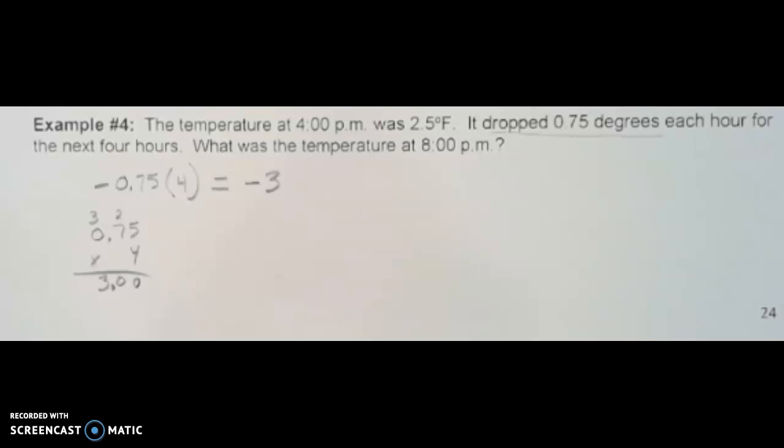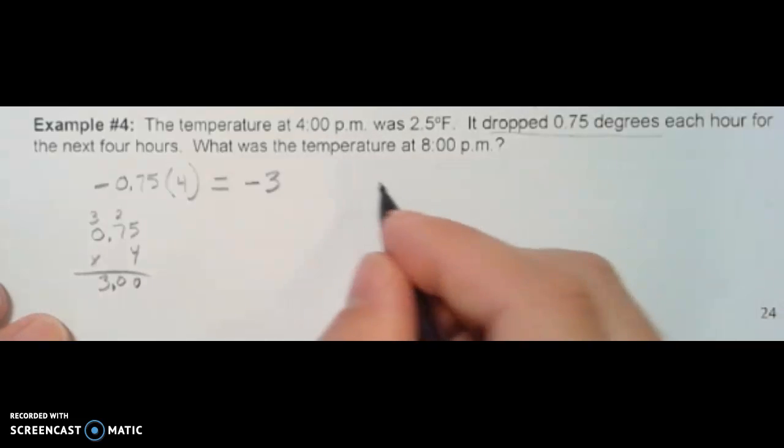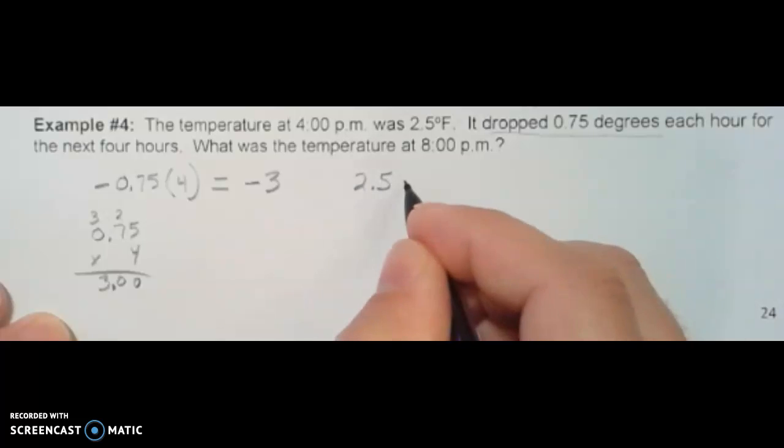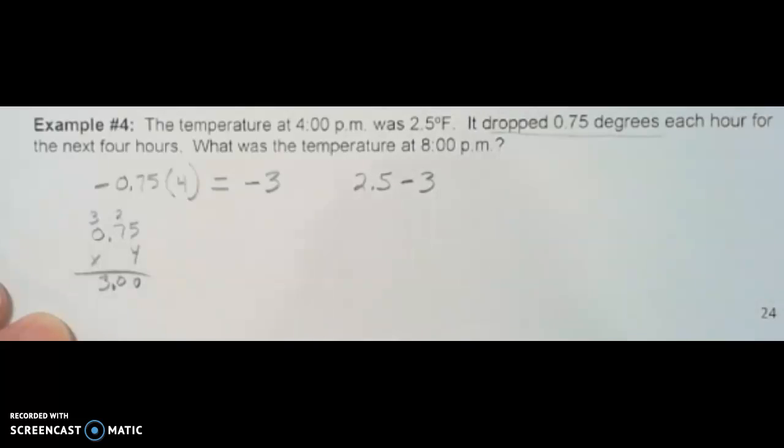So now we can take our starting temperature, which was 2.5 degrees, and we can take away those 3 degrees. 2.5 minus 3. I can rewrite this as an addition problem by keeping 2.5 and adding the opposite of 3, which is negative 3. Okay, and now I can see that these have different signs.